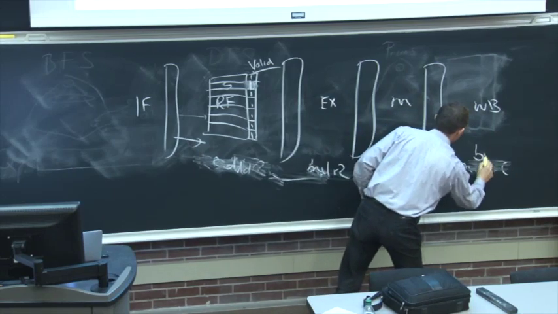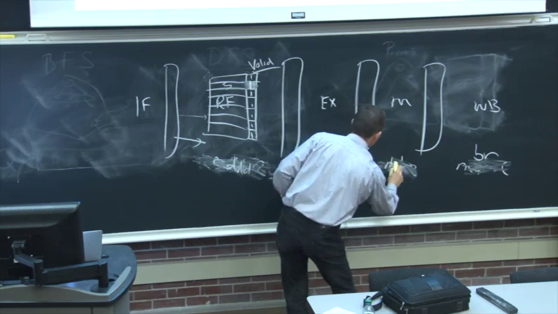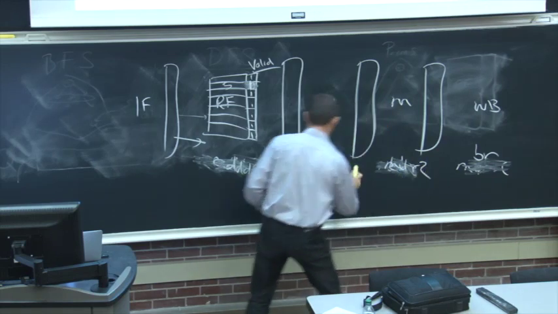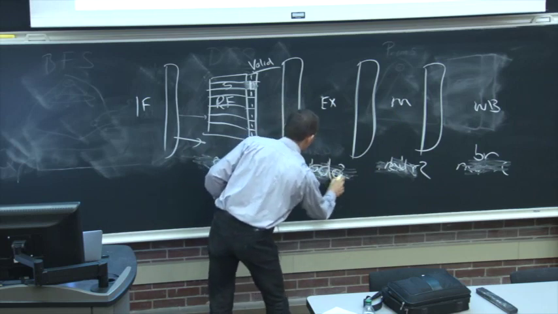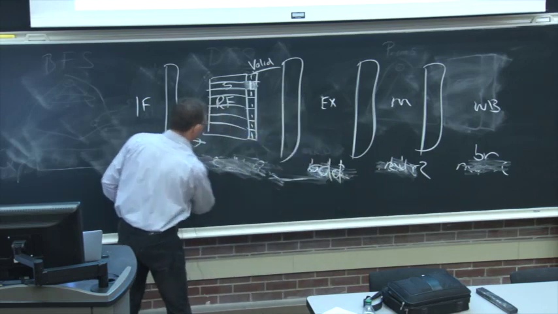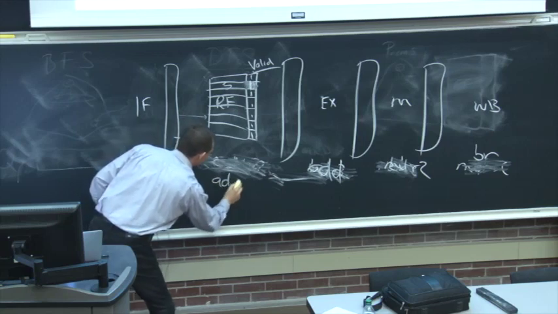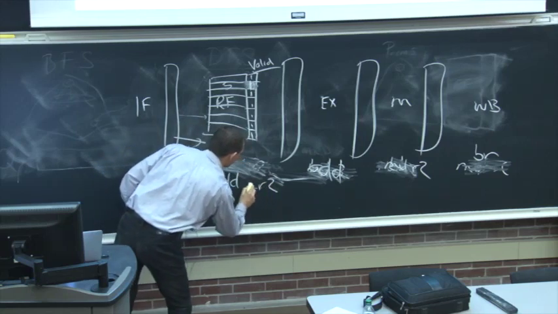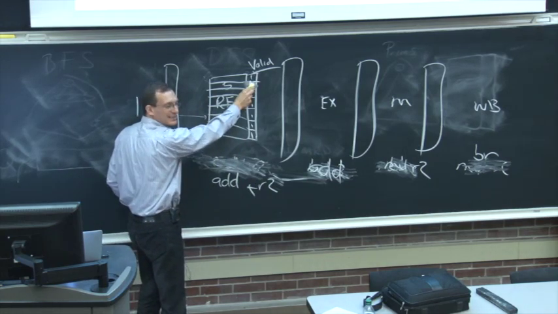Now you have this branch that's moved here, assuming it's correctly predicted and everything. You have the second multiply writing to R2, producing a different value, hopefully. And then you have this add that moved to this stage. And now let's say we got an add that reads from R2. Well, it's valid, right?